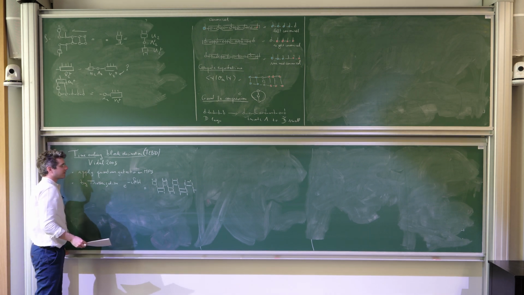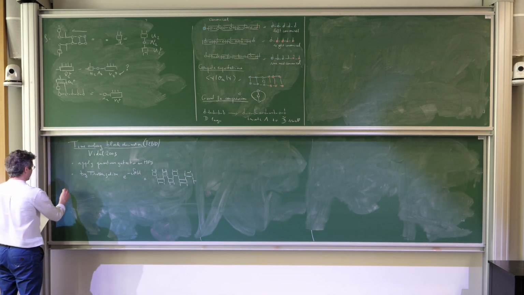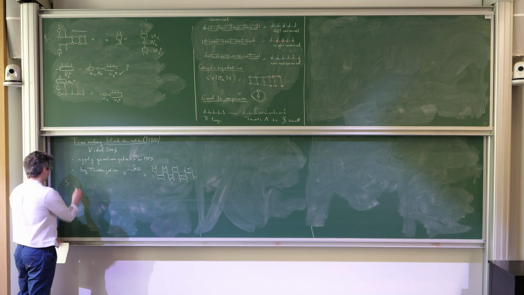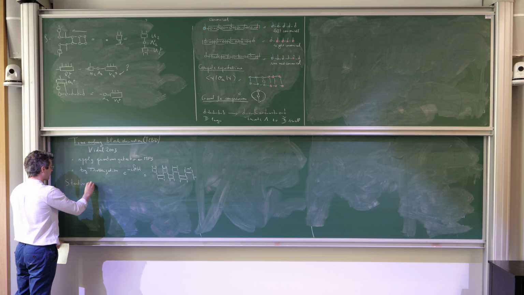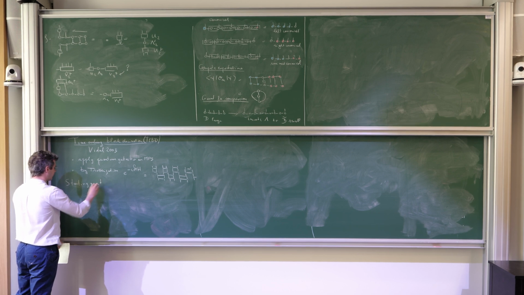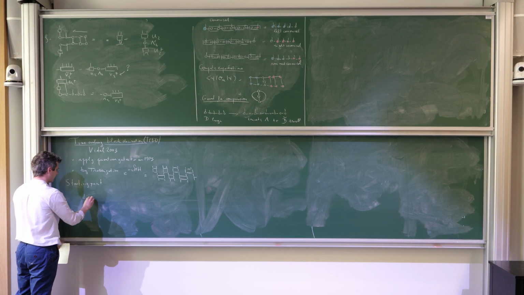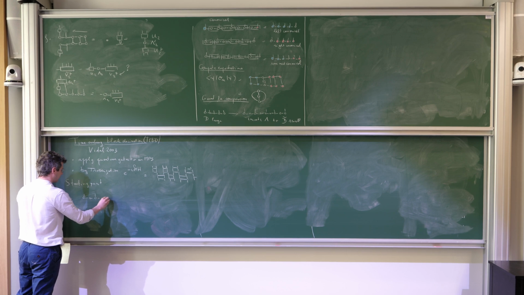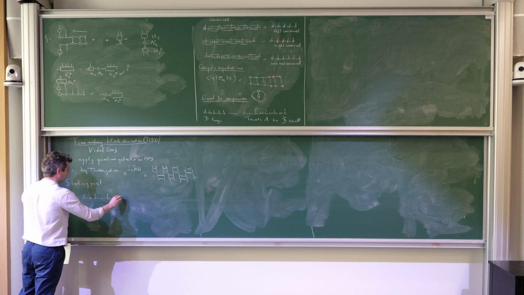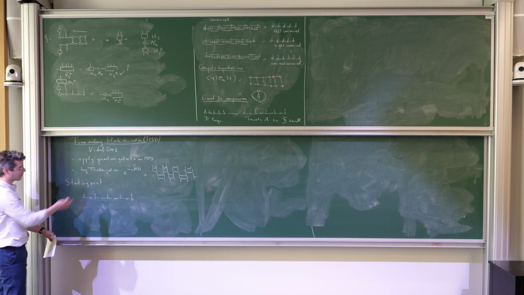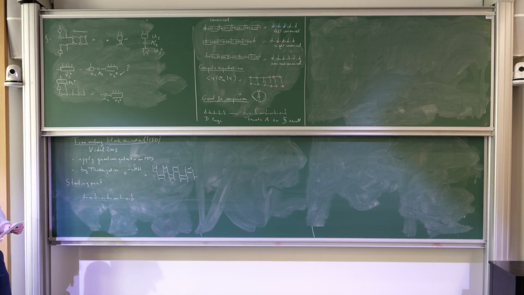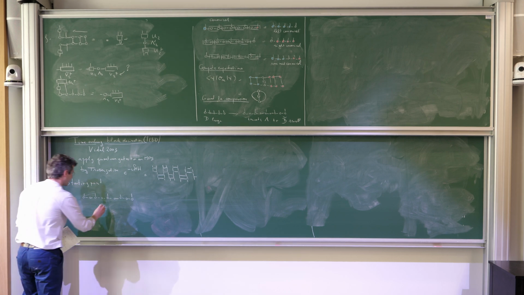Okay, what is the starting point of the algorithm? It's a very easy algorithm. It's fully local in a way. The starting point is an MPS in canonical form. So you start from a certain MPS in canonical form. You don't integrate back the singular values to any spot.